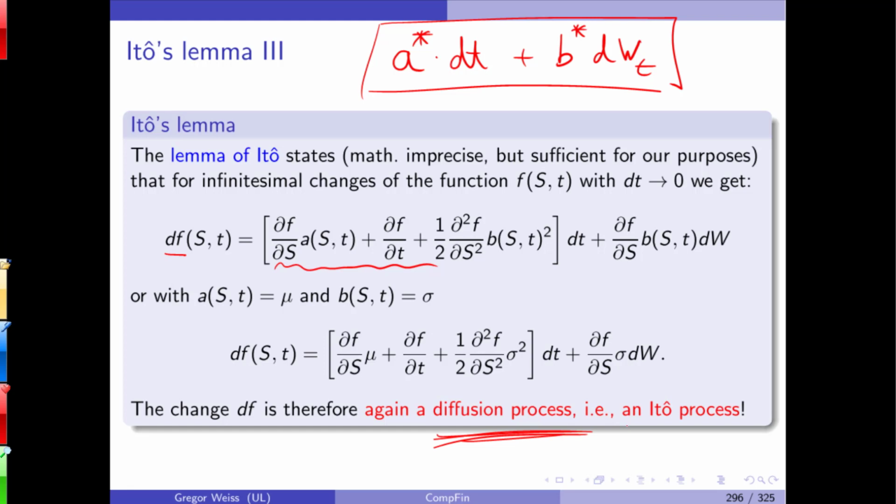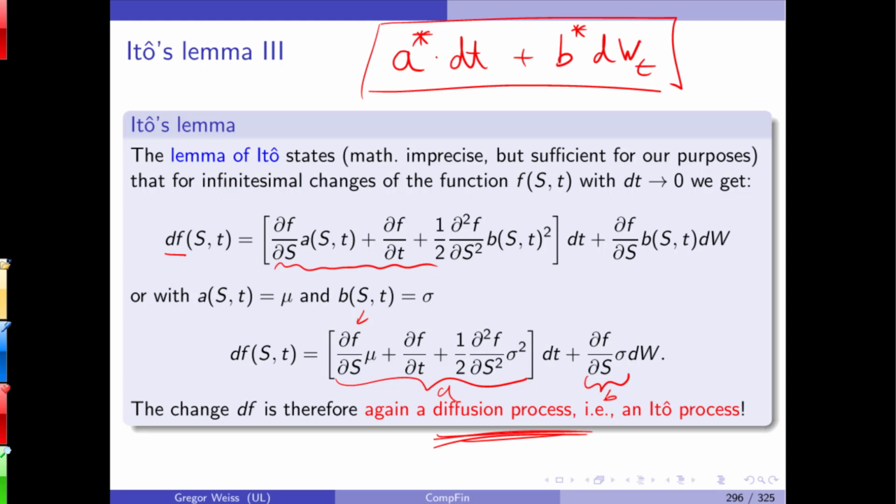And you can see here, if you rearrange this a little bit, you get this. This is A and this is B. Or A star and B star. That's Ito's lemma. If you work more in this area of finance, at some point you will memorize Ito's lemma, because it's so fundamental.